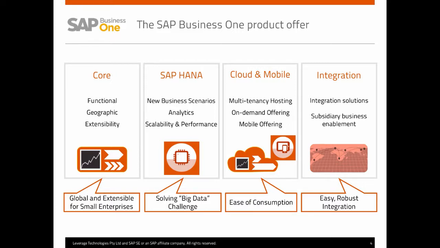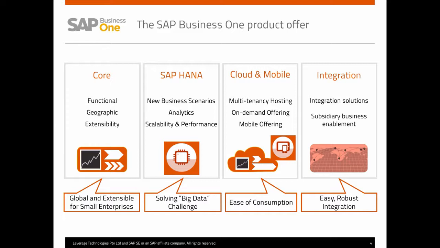So if you're trying to integrate between SAP Business One and another application, or you have multiple branches and you want to have those branches all operating on the same platform, or maybe you're running an application in your head office and you want something smaller for your branch offices, SAP Business One is a great fit.